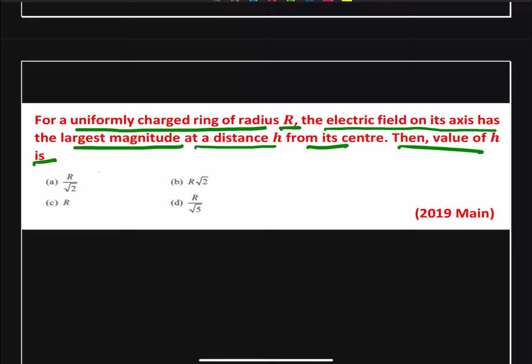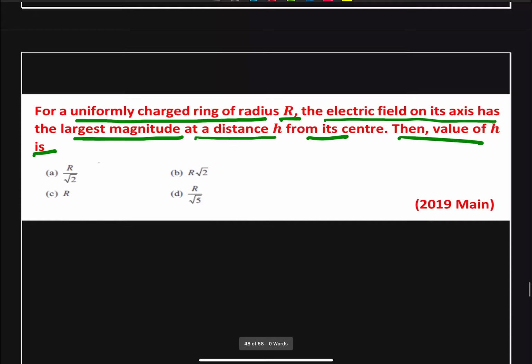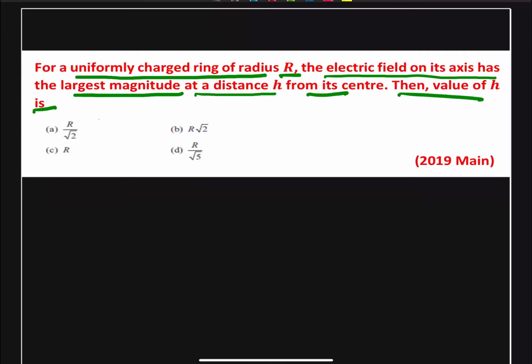So here we are given that we have a uniformly charged ring and the electric field on its axis has a largest magnitude. So we can just draw an approximate figure for that.